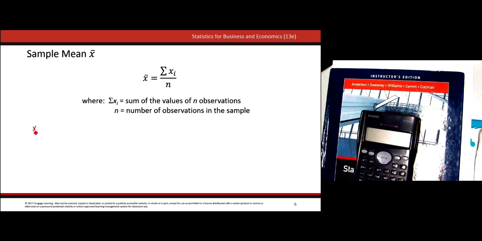So it is the sum of xi from i equals 1 to n, over n. What is n? The sample size, the number of observations in the sample. Xi's are the observations.